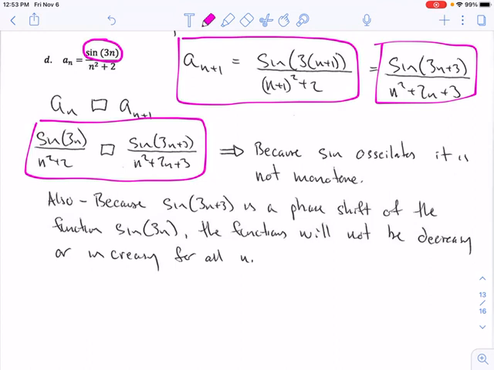And then I also put something down here that because the sine of 3n plus 3 is a phase shift of the function sine of 3n. In other words, here's the sine of 3n. Here's the sine of 3n plus 3.